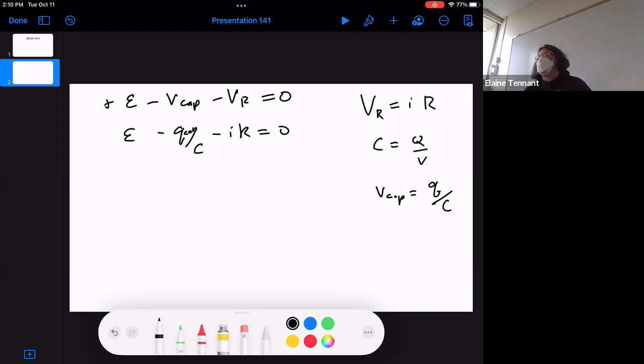Yeah, that is exactly it. Current is the change in charge over change in time, or if you wanted to do calculus, the derivative of charge with respect to time.